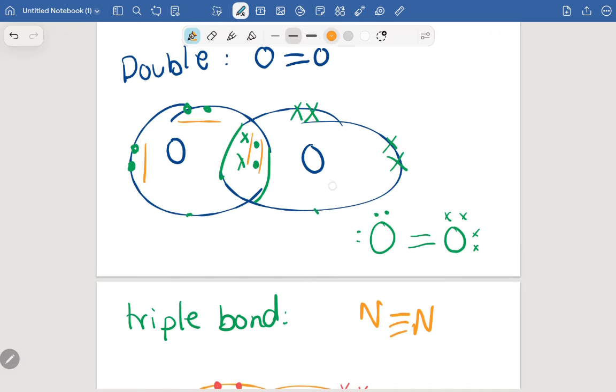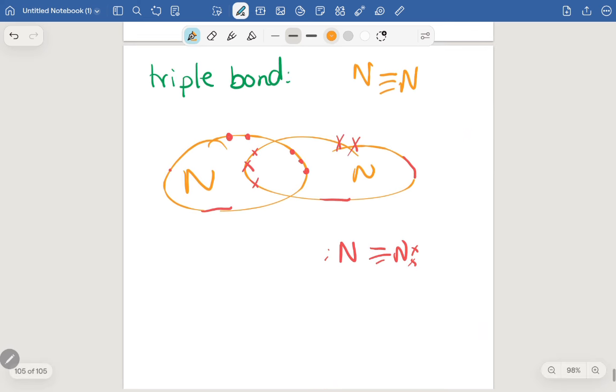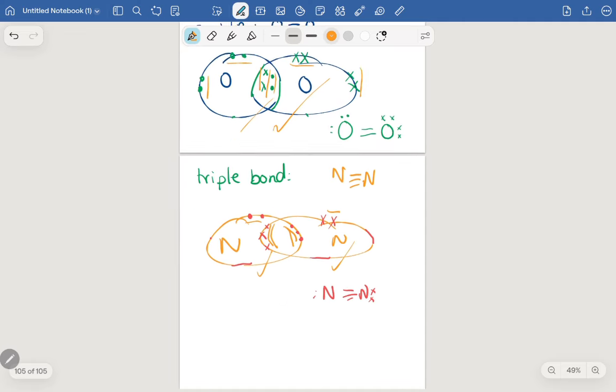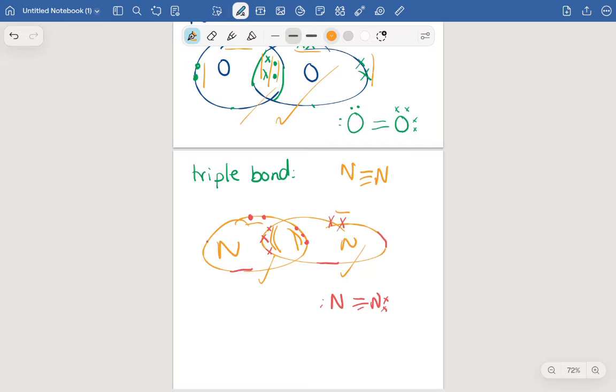Perfect. So the O2 is also done. Now, 1, 2, 3, 4, 5, 6, 7, 8. Here is done. Then 1, 2, 3, 4, 5, 6, 7, 8. This is also done as well. So as you can see, as long as each atom completes the octet rule, which is having 8 electrons in the valence shell, then it is good to go.